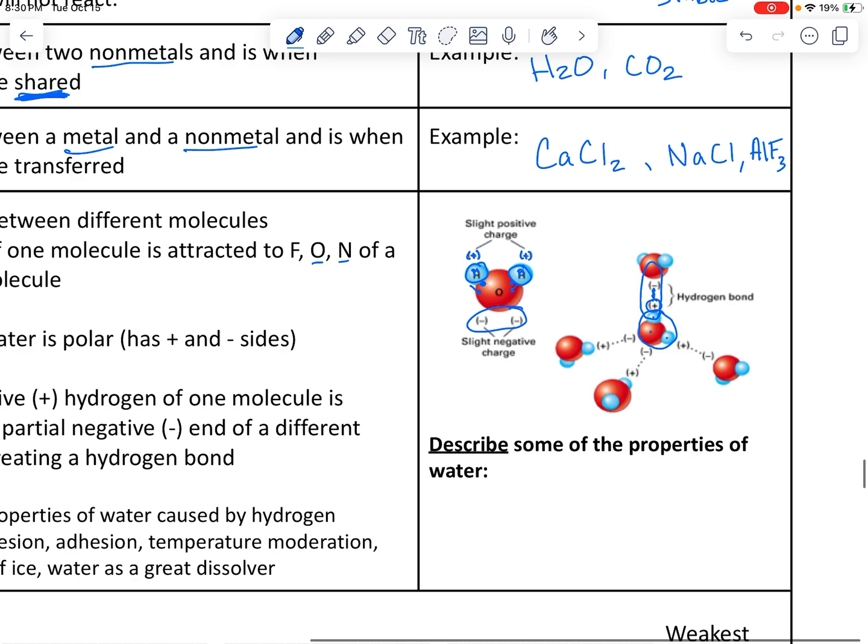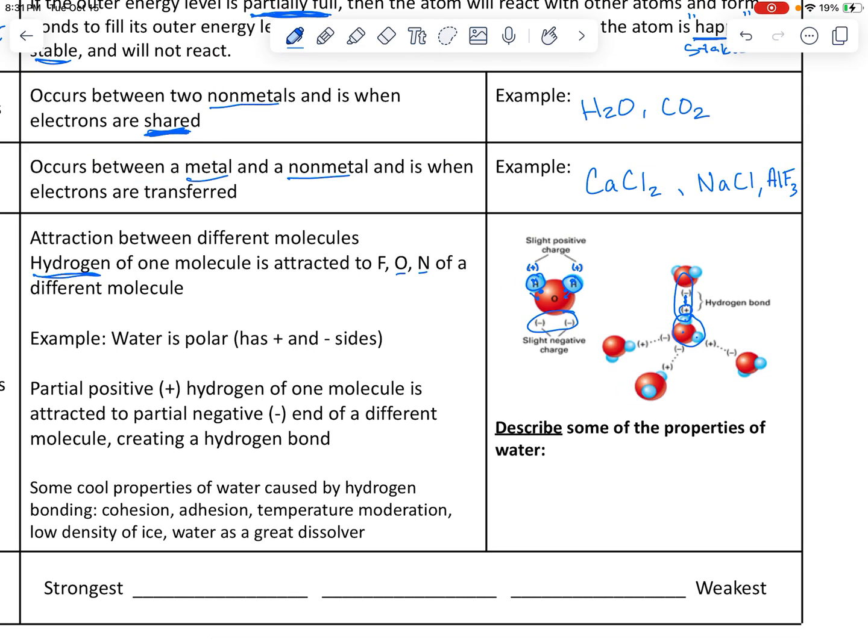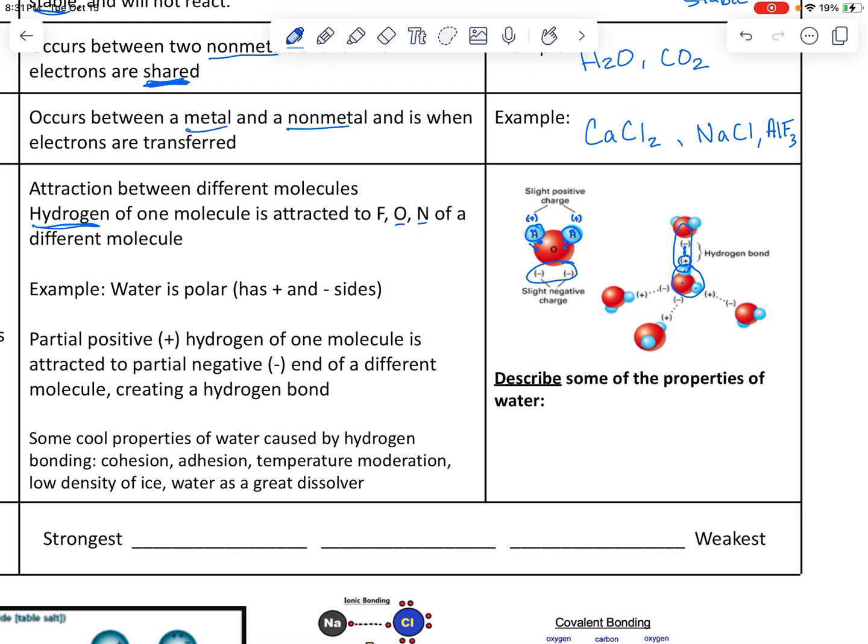Remember that we saw hydrogen bonding in DNA. There's no water there, but there is nitrogen because you've got the different nitrogen bases. So it's basically oxygen bonded to nitrogen causing those hydrogen bonds.